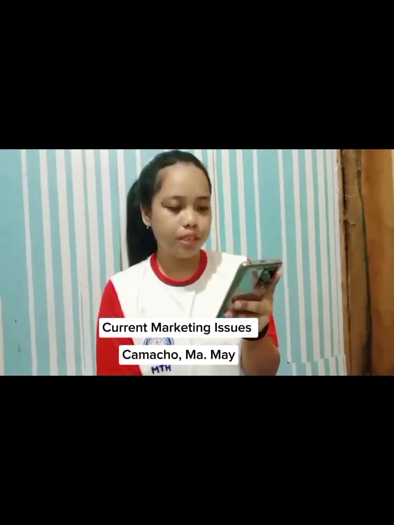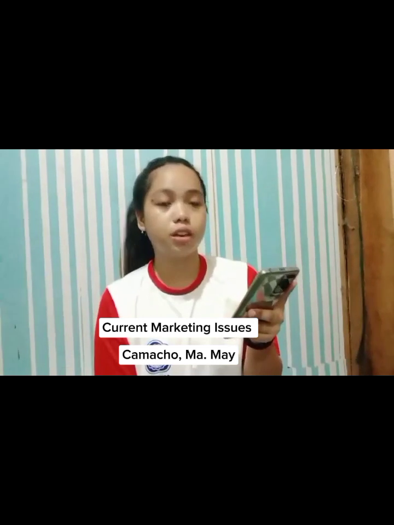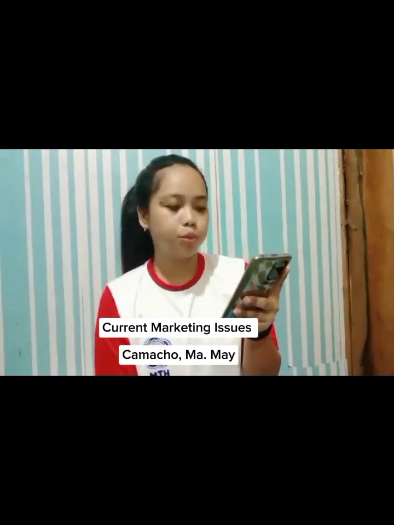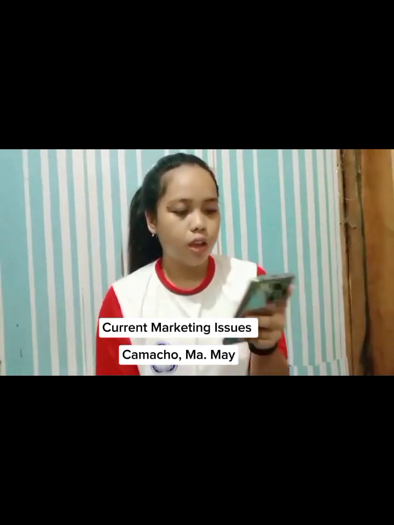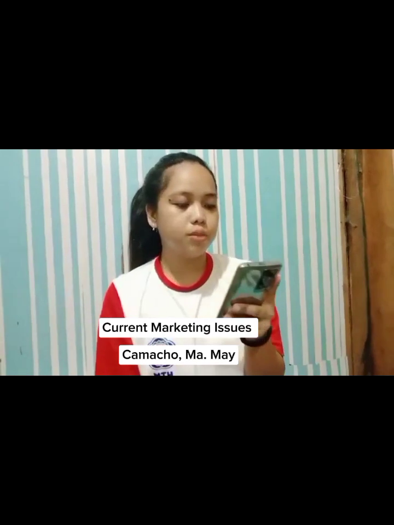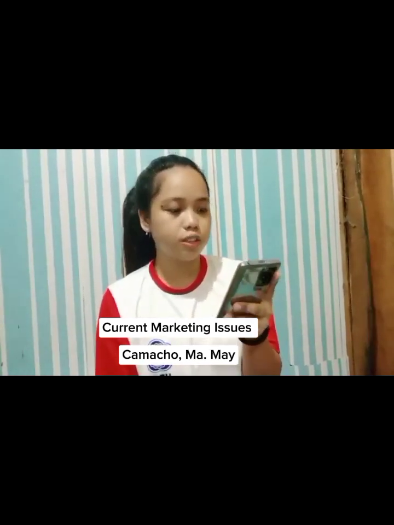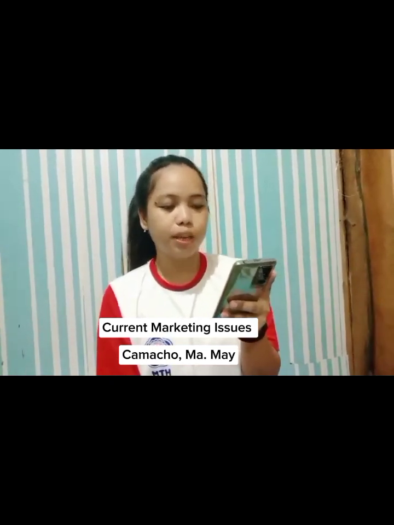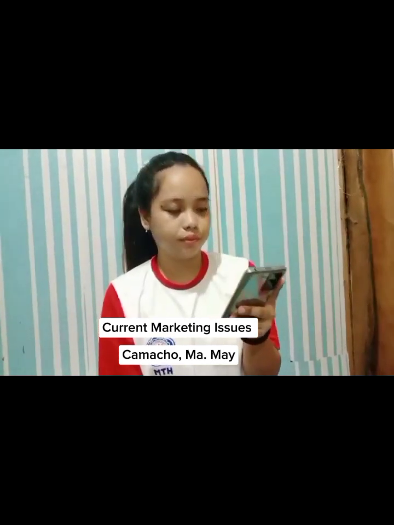There are some examples of marketing decisions that may require policies, as follows. First is how to make advertisements more interactive to be more effective. To have an advertisement of your product, you must see to it that your advertisement is attractive so that prospective buyers are enticed to purchase your product.